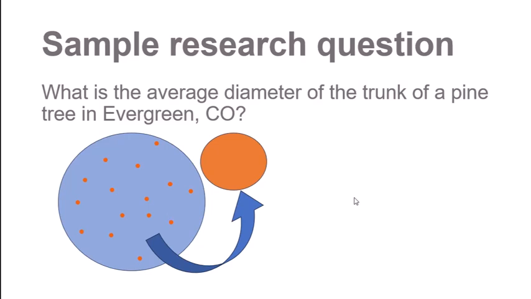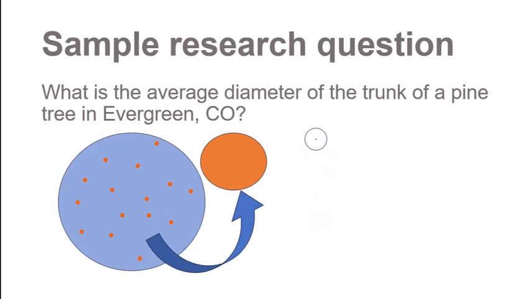And we hope that if this is a representative sample, that statistic, the average diameter of the trees in the sample, would be close to the parameter, which is the average diameter of all the pine trees in Evergreen. So the parameter is what we're really interested in, and the statistic is what we can actually measure based on the data collected.